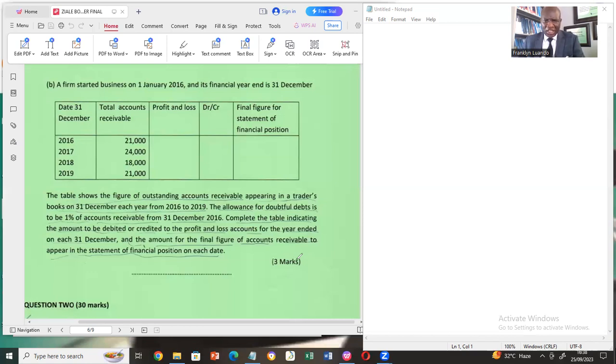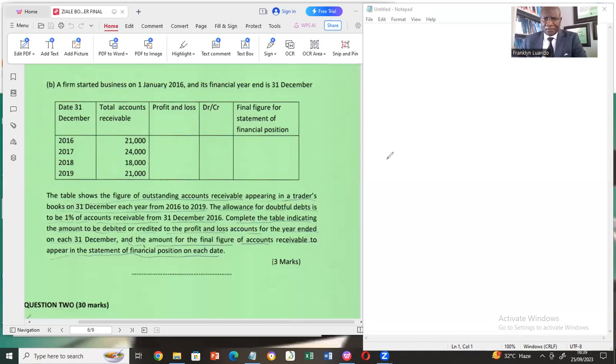The allowance for doubtful debts is to be 1% of accounts receivable from the 31st December 2016. Complete the table indicating the amount to be debited or credited to profit or loss accounts for the year ended on each 31st December. The amount for the final figure for accounts receivable to appear in the statement of financial position on each date.